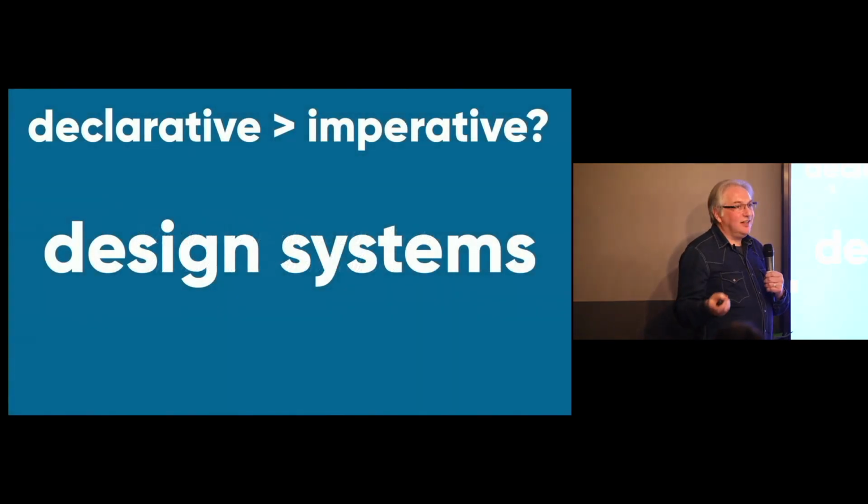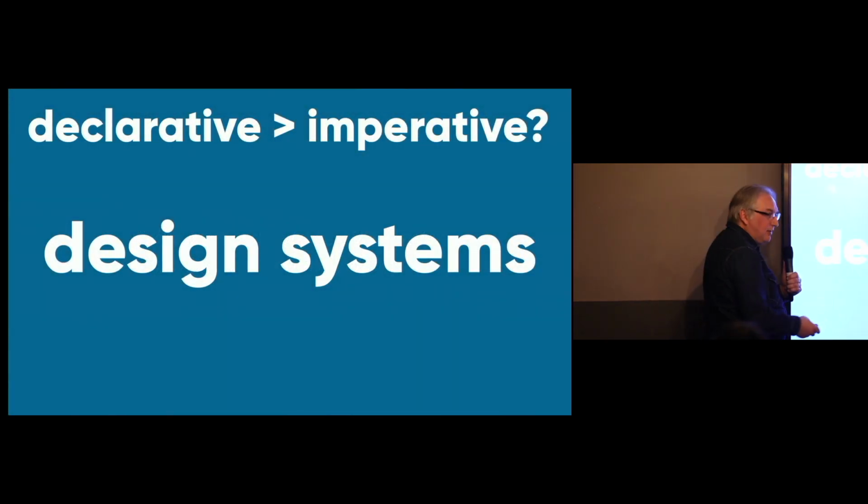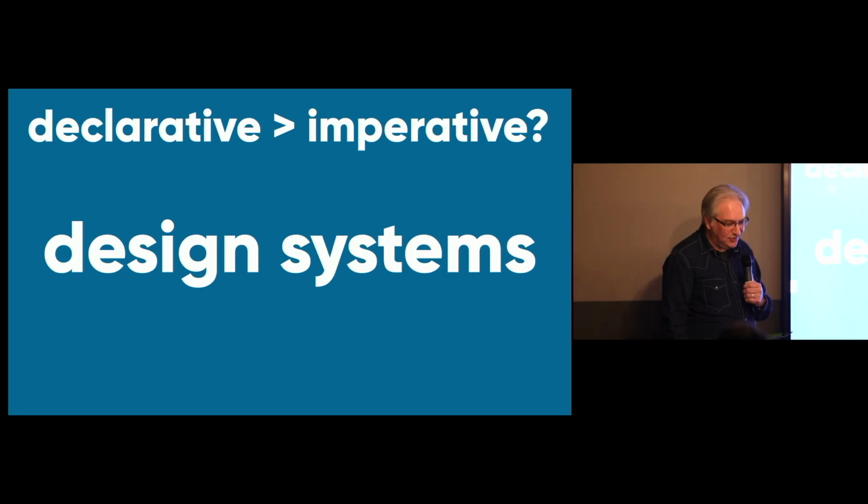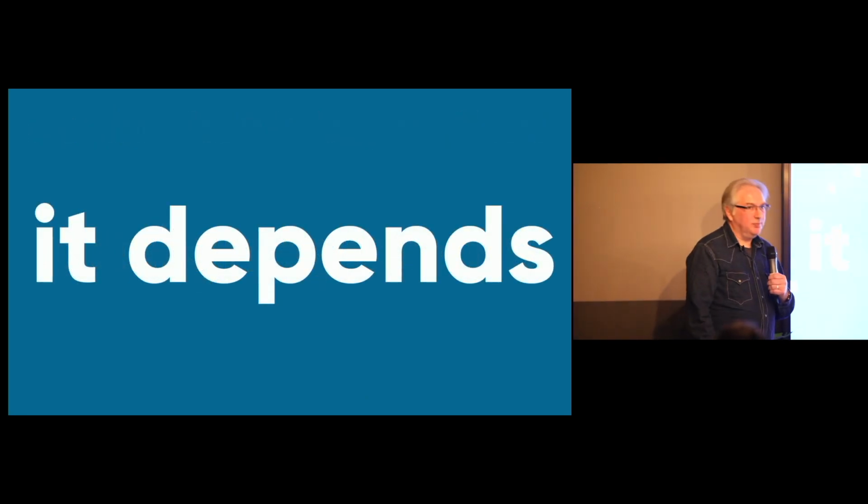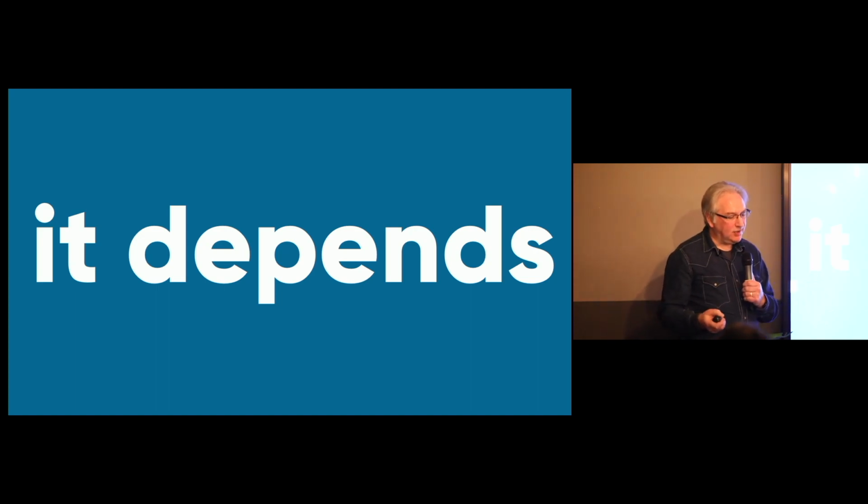So am I saying that a declarative approach is inherently better than an imperative approach when it comes to design systems? It depends. It depends on your team and their background and their mindset.